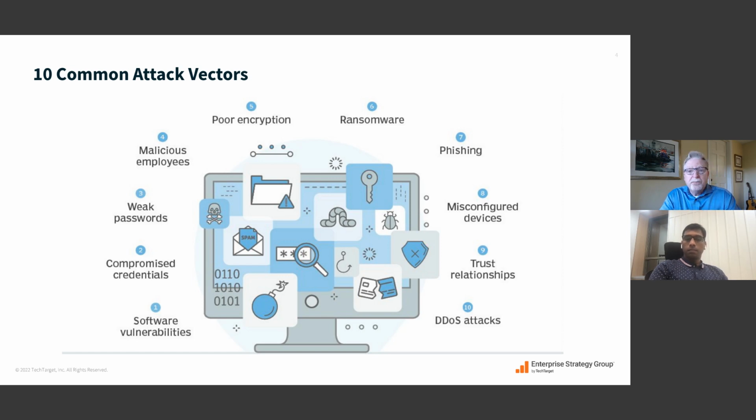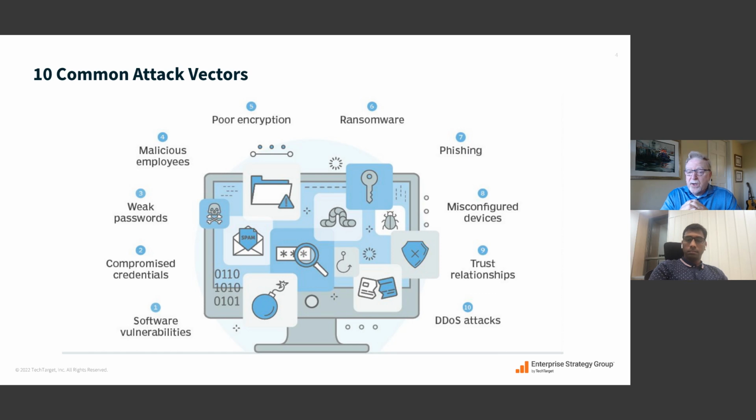Misconfigured devices: oftentimes we think about configuration as a topic in itself, but when devices are misconfigured, they become vulnerable. As we're going to talk about today, we have a bit of an expanded definition of what we think about when we think about vulnerable systems and all the things that create vulnerabilities in the environment. Trust relationships, DDoS attacks, and of course, there are many more types of attack vectors along the way as well.